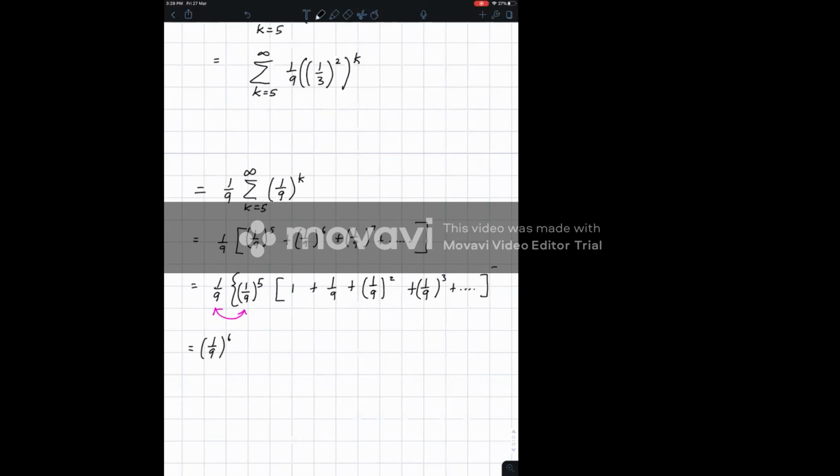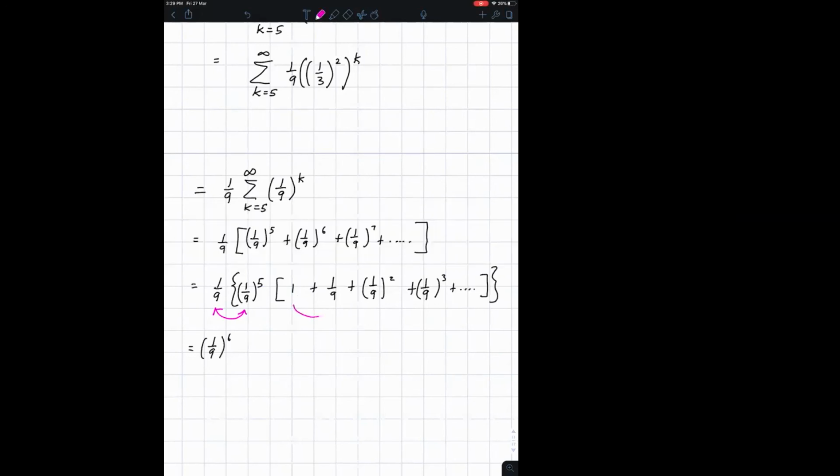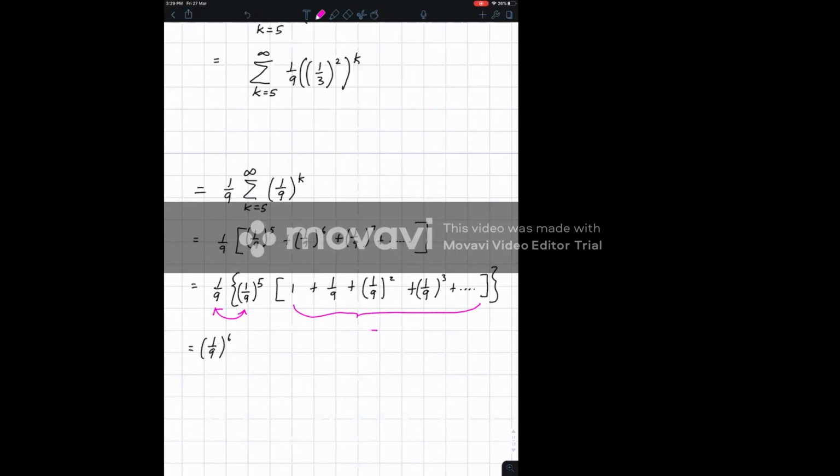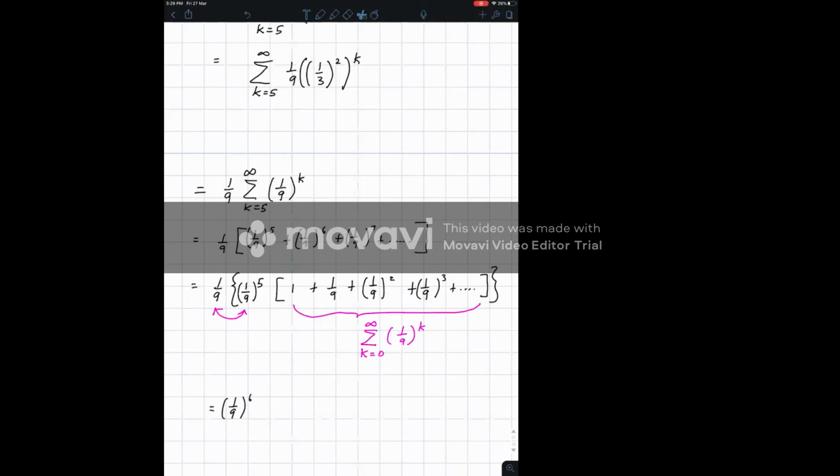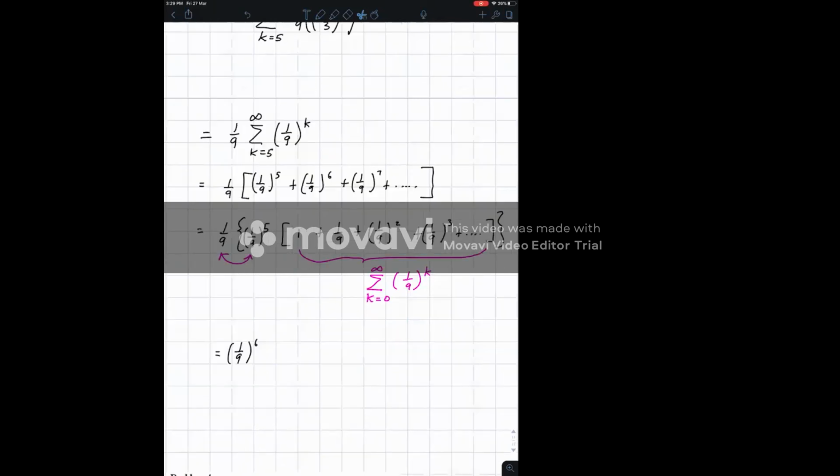Okay, this part here, you can replace with a summation, k equals 0 to infinity, 1/9 to the power of k. You can see when k is 0, you get 1. When k is 1, you get 1/9.